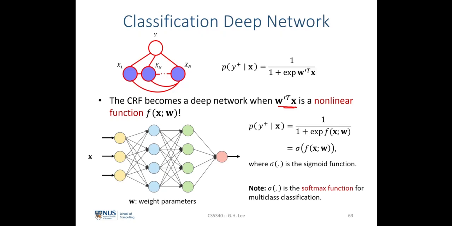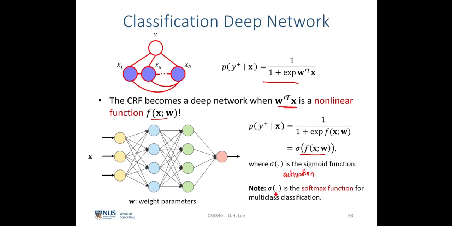If we replace this with f of x and w, then this whole thing becomes a deep neural network, where f is simply the input multiplied by the weights represented in each layer of the deep neural network, and the sigmoid function would be equivalent to the nonlinear activation function in the deep neural network.